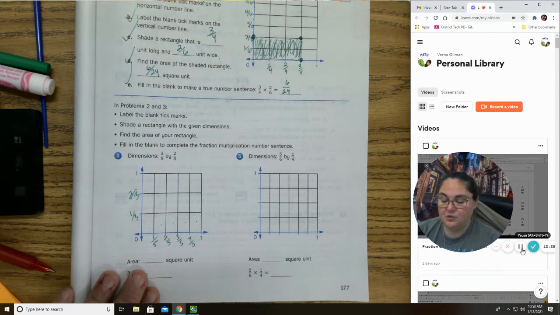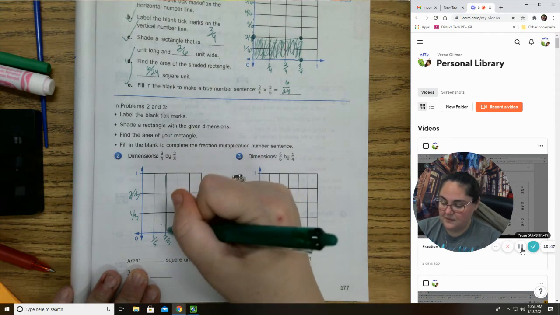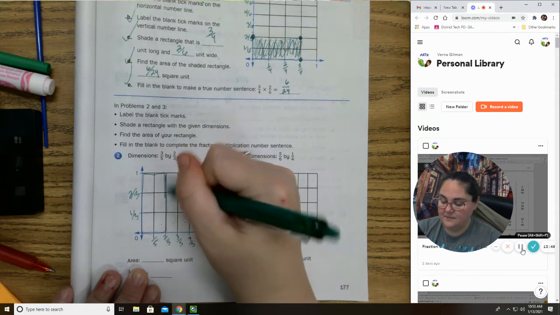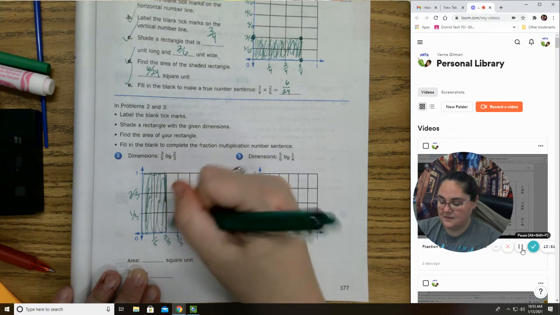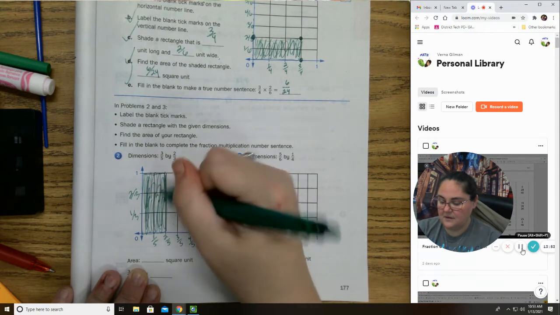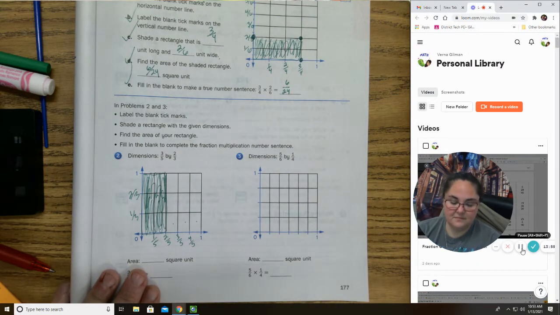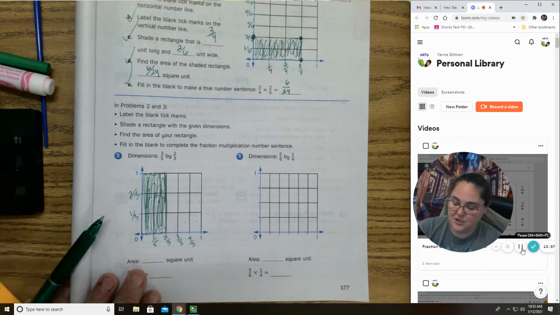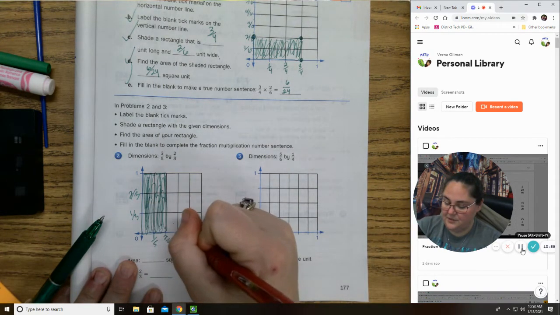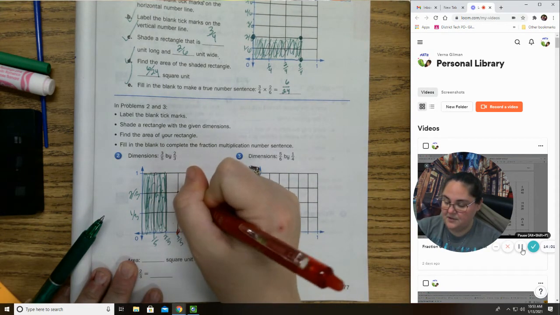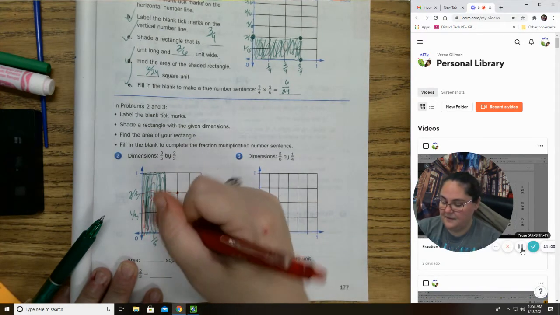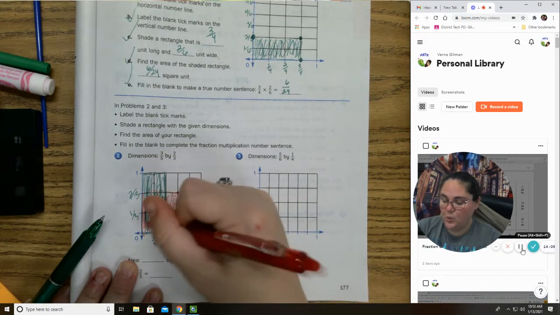I'm going to show you 2 options for this, and you need to help me figure out which option is correct. Option 1 looks like this. Option 2, over to 3/5, up to 2/3, right here. Which one is correct?